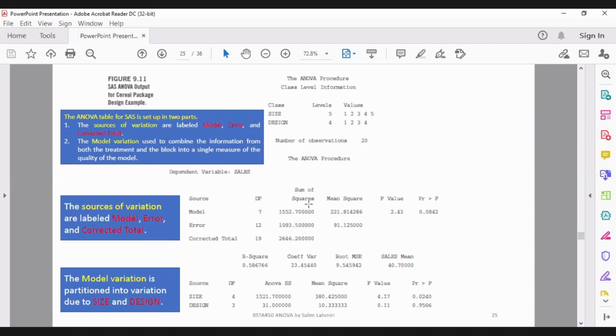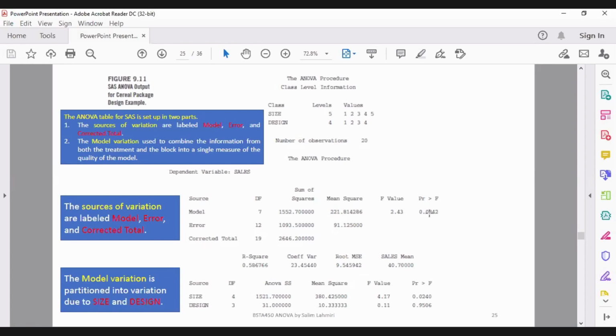This is the table for the sources of variation, okay? Where the sources of variation are labeled model, error, and corrected total. And this is the model variation, which is partitioned or broken down into size and design.